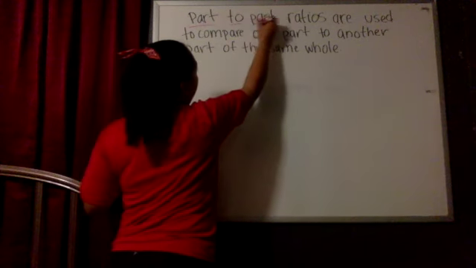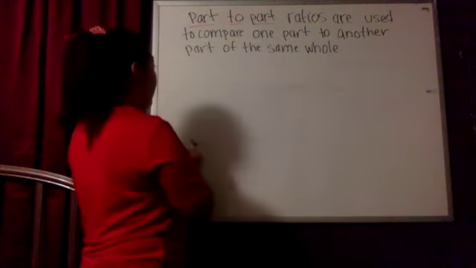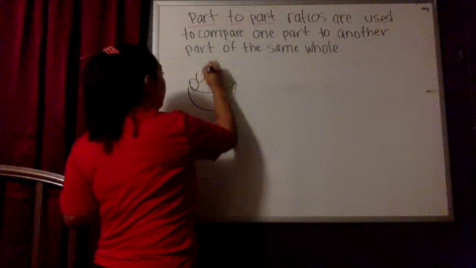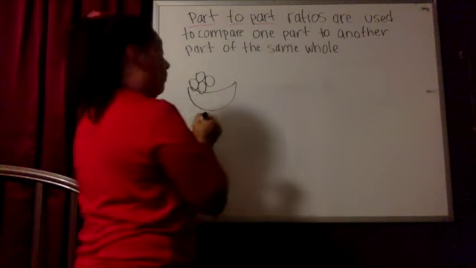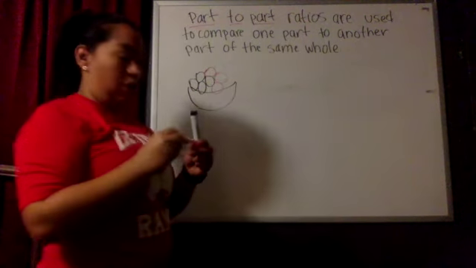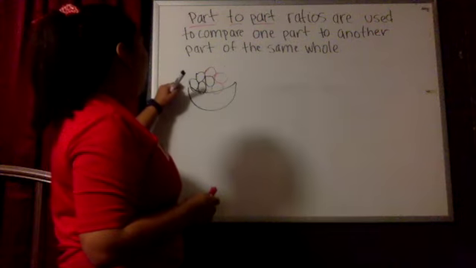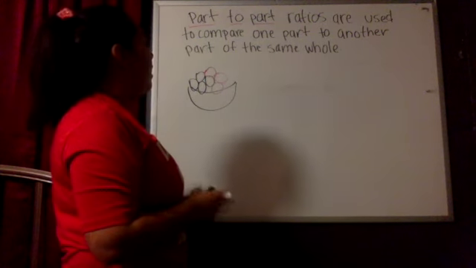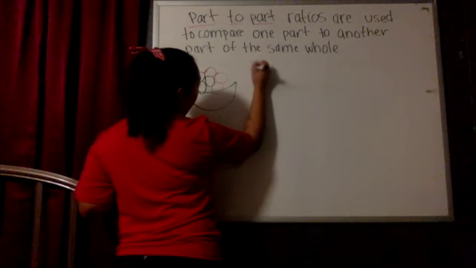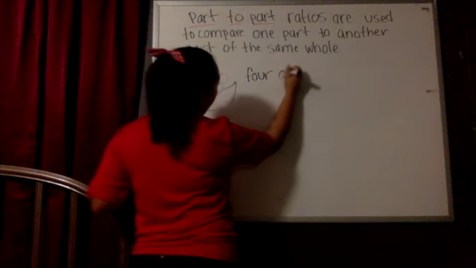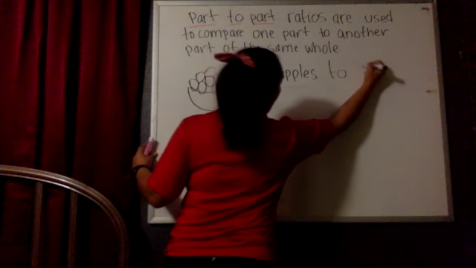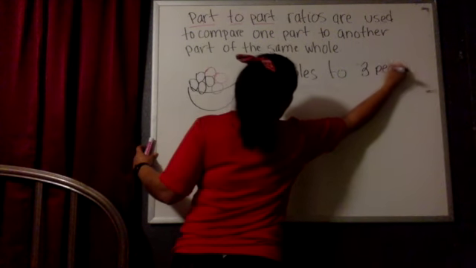How would it look? If we have a basket of fruit and we have 4 apples and 3 pears, we would have that part apples to part pears is 4 apples to 3 pears.